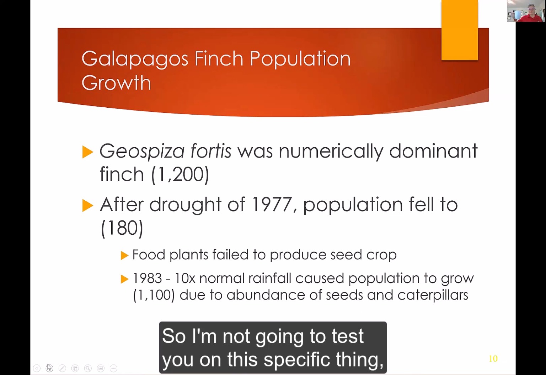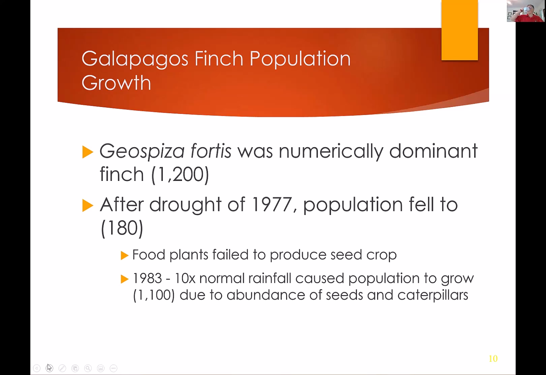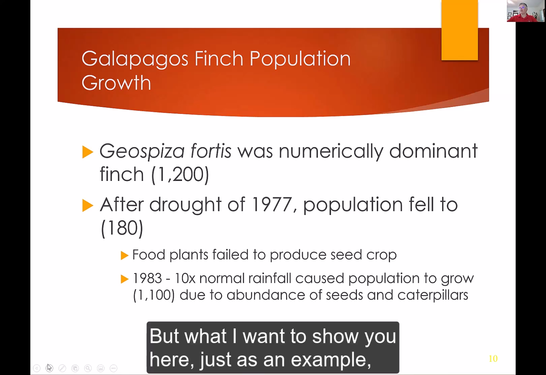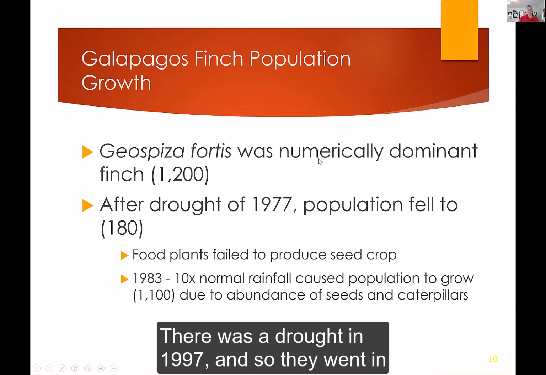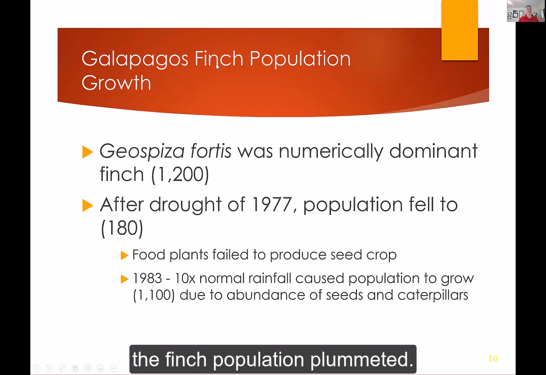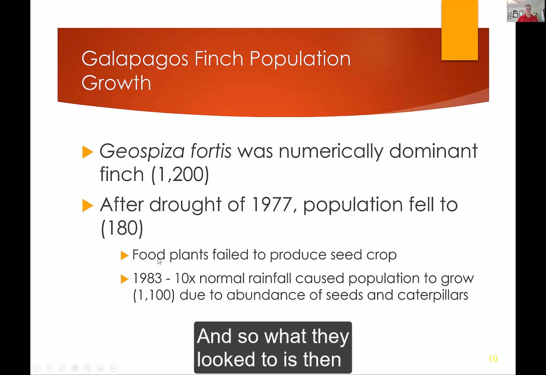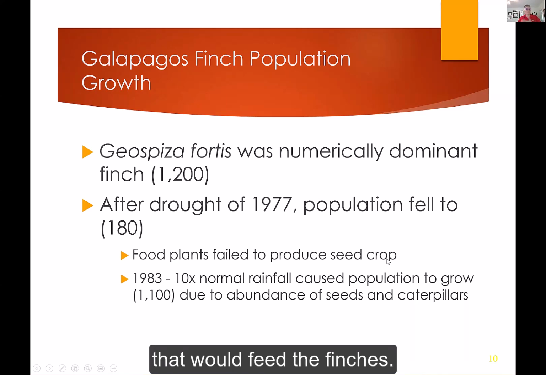So I'm not going to test you on this specific thing, so you don't have to write down all these numbers. But what I want to show you here is, just as an example, right? So finches, right? So there was a drought in 1997. And so they went in after the drought and they looked at how the finch population plummeted, right? And so what they looked at is then how the plants themselves failed to produce seeds that would feed the finches.